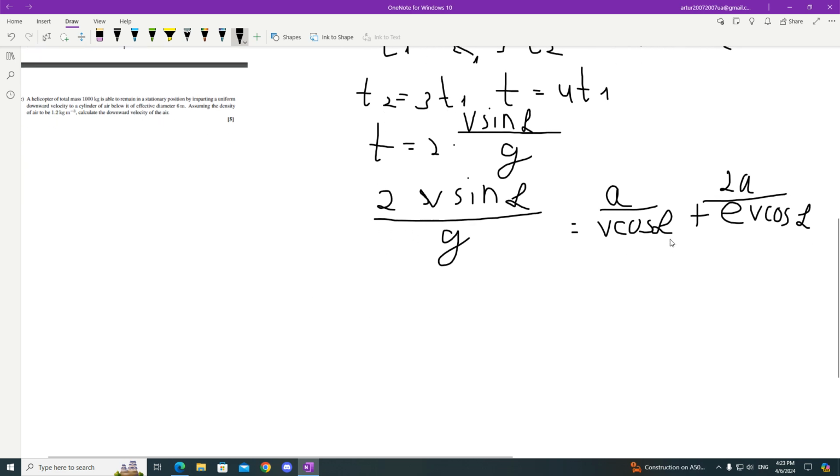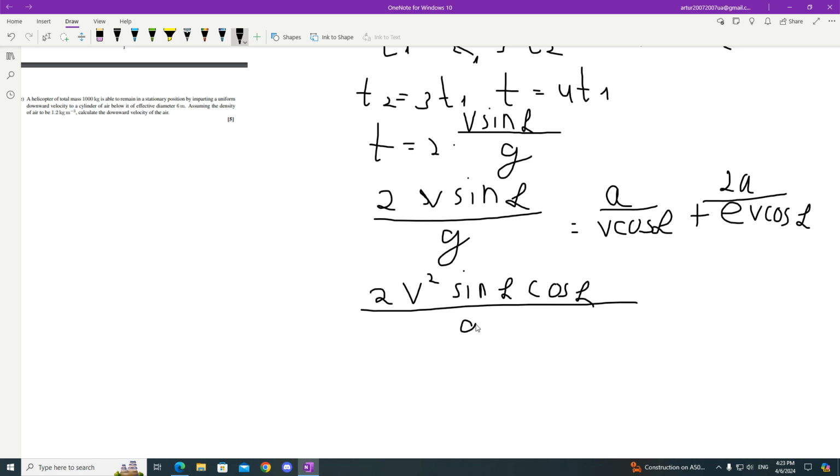We multiply both sides by V cosine alpha, so we have 2V squared sine alpha cosine alpha over g is equal to A plus 2A over e.